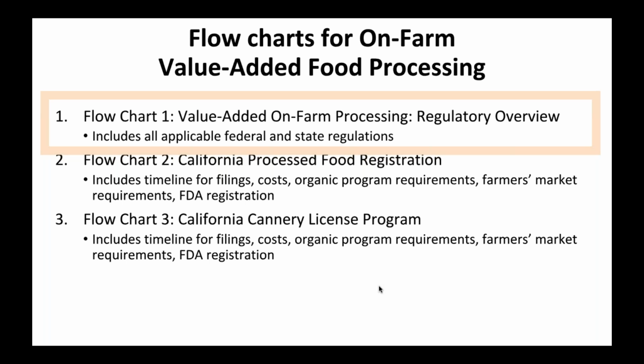But to give you an overview of the different resources that we've been working to develop, we have 3 different flowcharts that we have been working on over the past few months. One of which we're going to talk about today, which is the one that's highlighted in that box above.